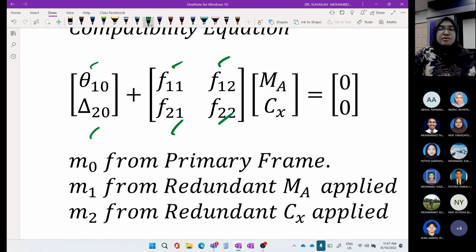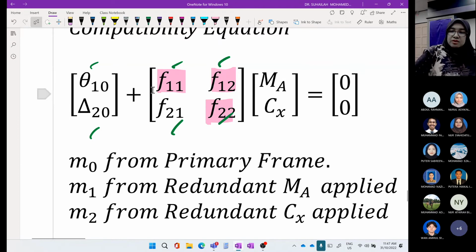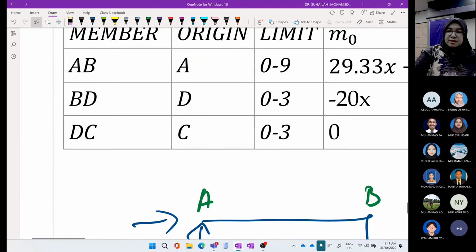From the notation we use for the F symbol, for example F11, M1 times M1, M2 times M2, M1 times M2, we just use the notation in order to calculate the displacement.